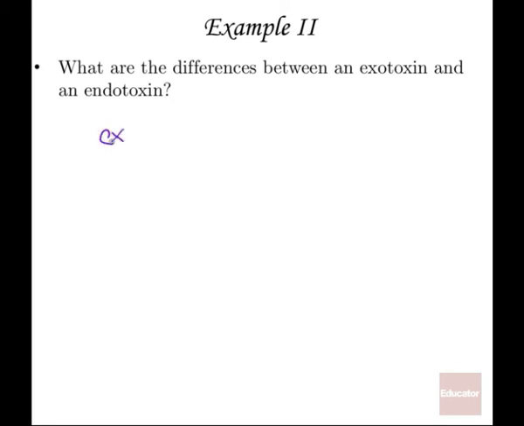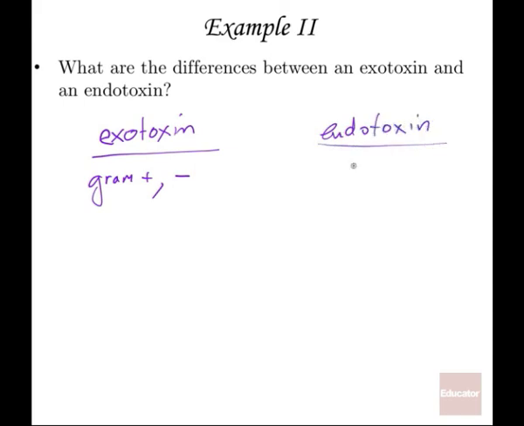Remember, the exotoxin was a toxin produced by both gram-positive and gram-negative bacteria, and an endotoxin was produced only by gram-negative bacteria.